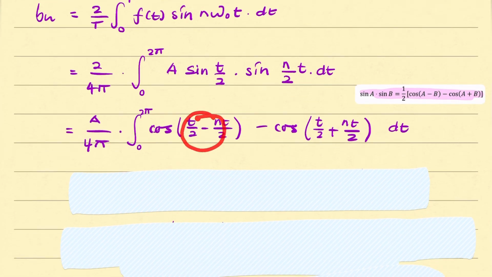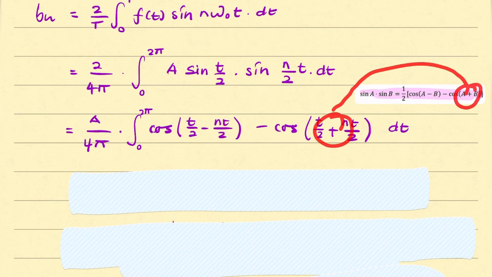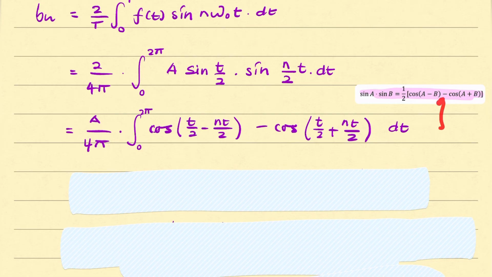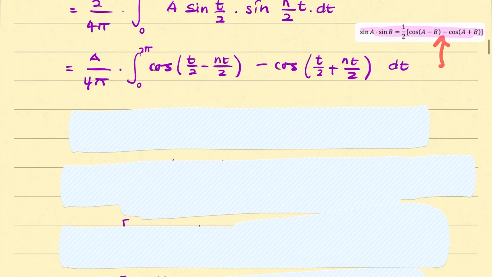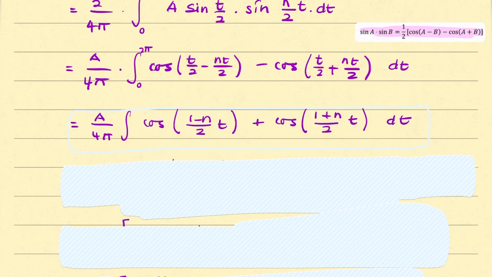So cosine of the difference and cosine of the sum, and between them you have a minus sign. So again, we're going to take t as a common factor here. That's your t.